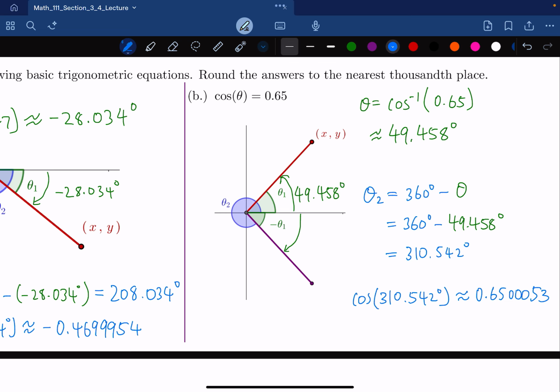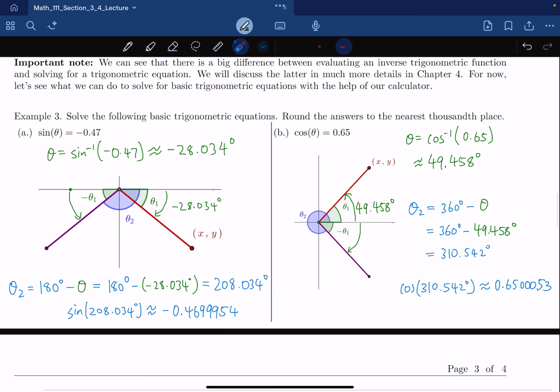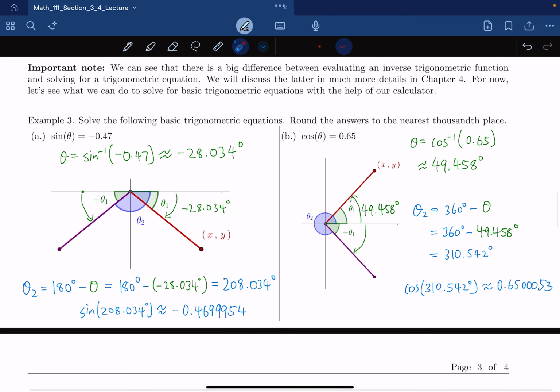Which, like I said, is very, very close to 0.65, just like we saw before. Okay, so that's how you get both answers within the range from 0 to 360 degrees, or 0 to 2 pi if you're using radians, by using a calculator. So sine and cosine follow slightly different formulas.